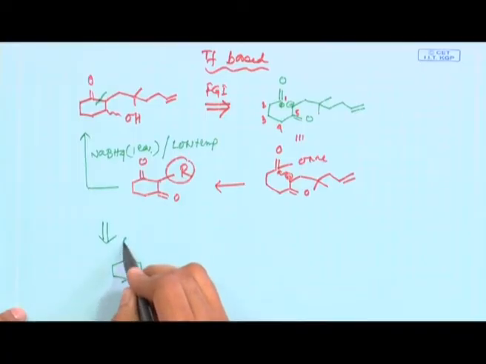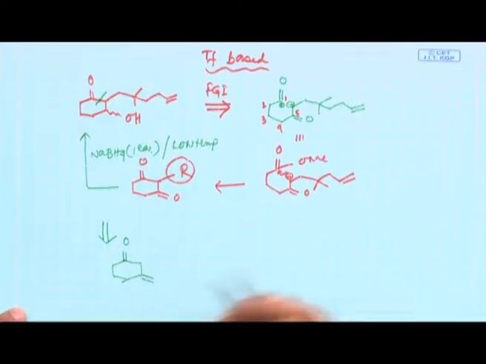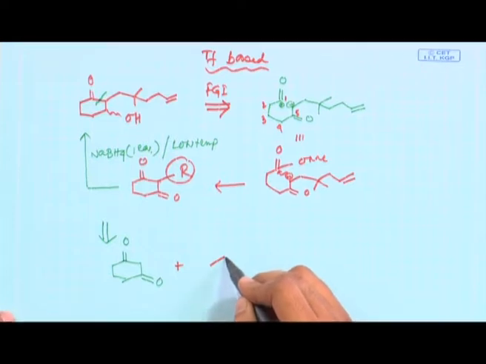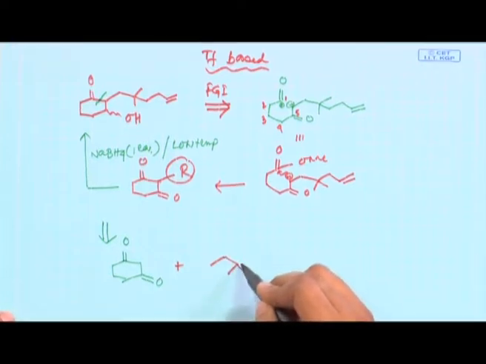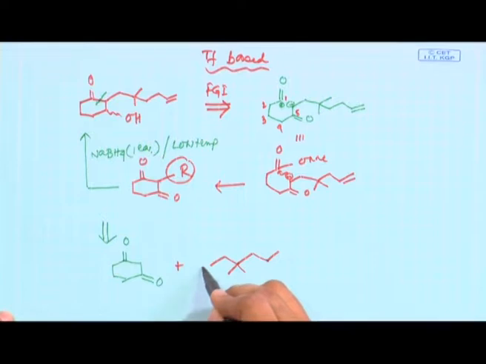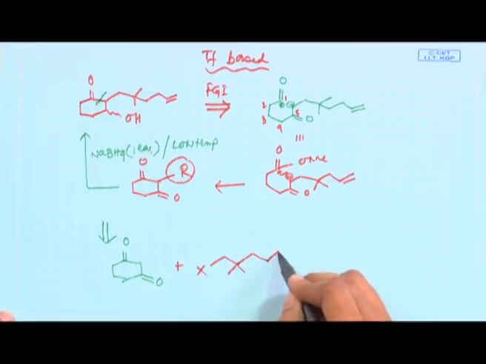Now I am providing another route, where I have a 1,3-dicarbonyl compound like this, and I choose an electrophile that satisfies the entire structure. The starting material structure you can work out from this.